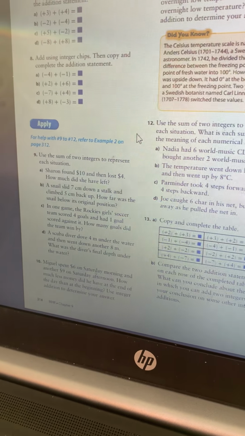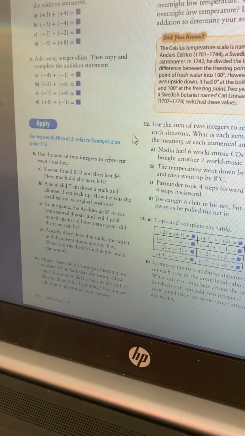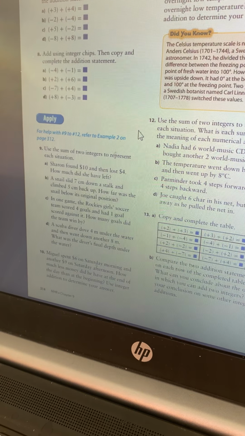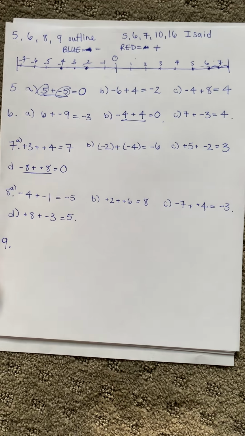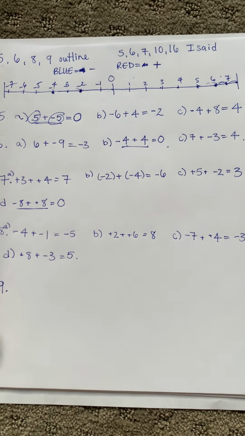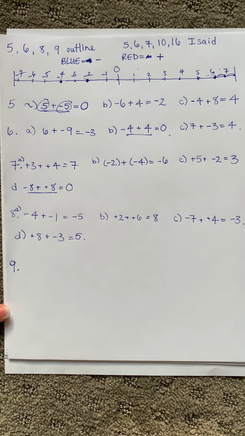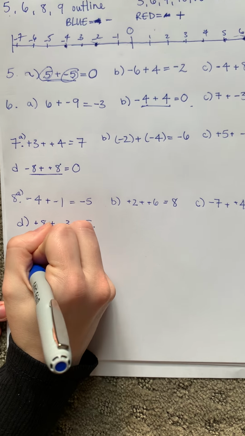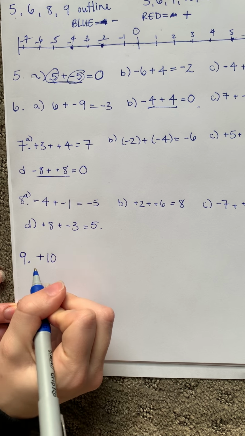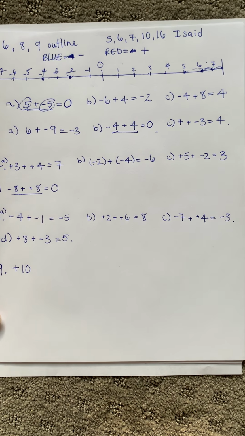Question 9a says Sharon found $10, then lost $4. How much did she have left? So what it wants me to do is figure out whether the two numbers they gave me in that question are positive or negative. If someone found $10, that means they gained $10. That would be a positive 10.